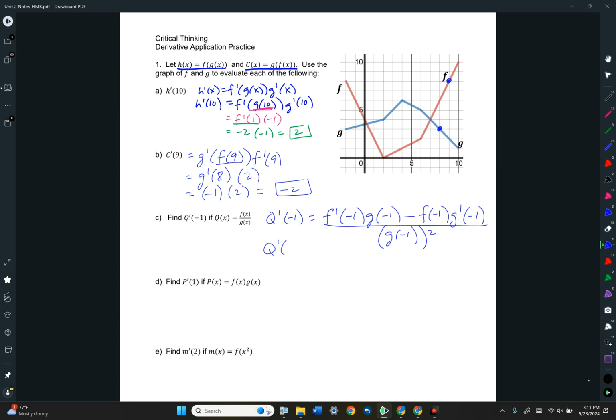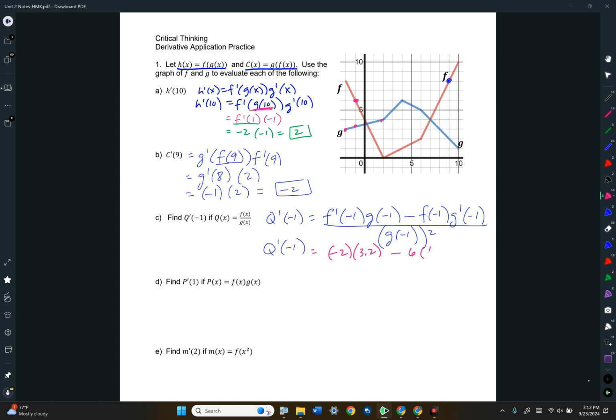All right, so let me get rid of some points here. So let's see. We are looking at negative 1. So here's negative 1 on the f graph. So f prime of negative 1 is negative 2. G of negative 1, we're going to have to estimate, what do you want to call that, 3.2, minus f of negative 1 is 6. And then the derivative of the g graph, it looks like, if you think about it going from here to here, it's up 1 over 1, 2, 3, 4.